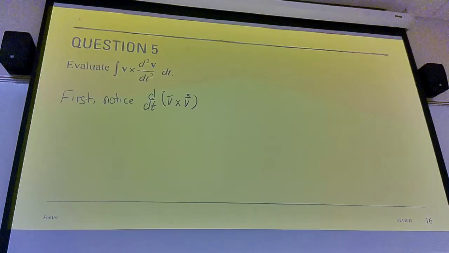What is this derivative? You got it, right? How's that simplify?